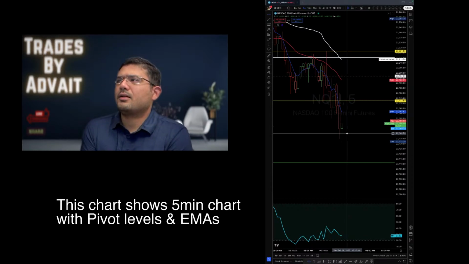Okay, just hanging around at 150. Looks like that liquidity is very strong.